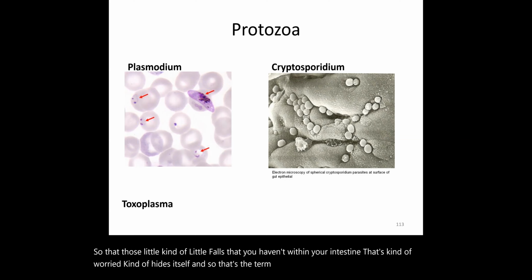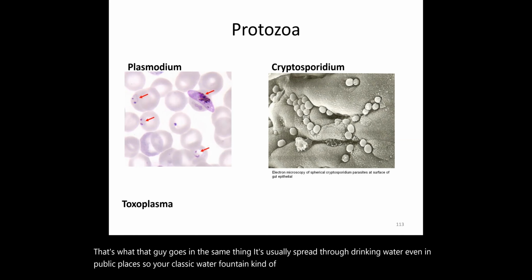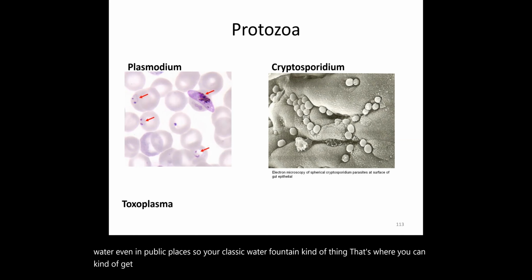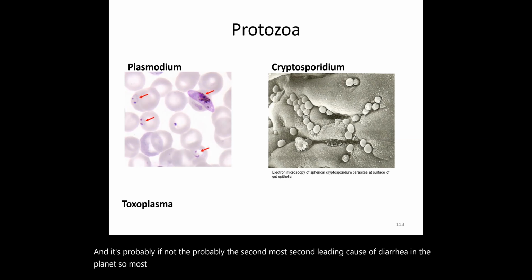This idea of hiding is where it gets its name. It's usually spread through drinking water, even in public places, so your classic water fountain is where you can get it most often. It's probably the second leading cause of diarrhea on the planet. Most waterborne diseases are either this or cholera, so this is either number one or number two, depending on the numbers each year.